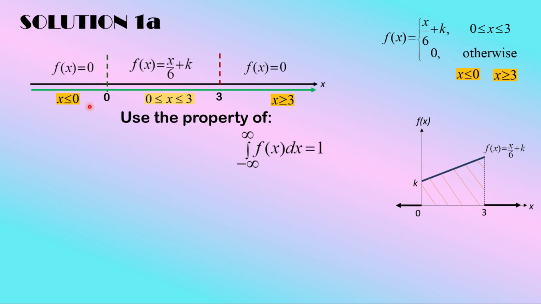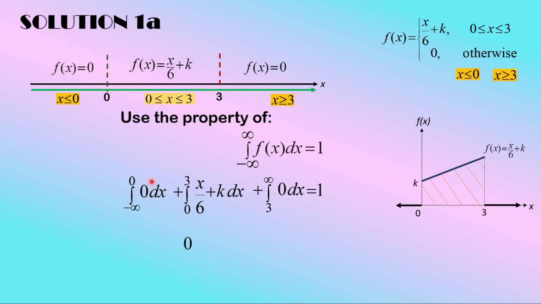The integration process will be done in those 3 intervals. First, the integration of the function f(x) equals 0 in the interval negative infinity to 0, then plus the integration in the second interval from 0 to 3 of x over 6 plus k, and then plus the integration in the third interval from 3 to infinity of the function 0, equals 1.